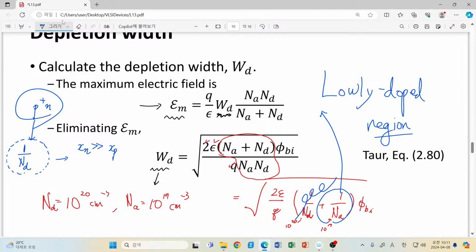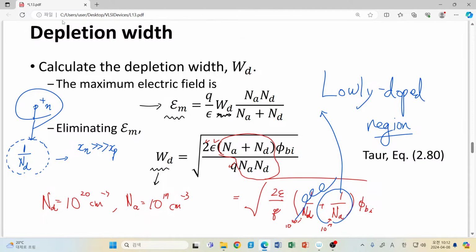Of course, XN, the depletion width inside the N-type region, will be much longer than in our P-type region. Finally, I wanted to ask you one more thing.